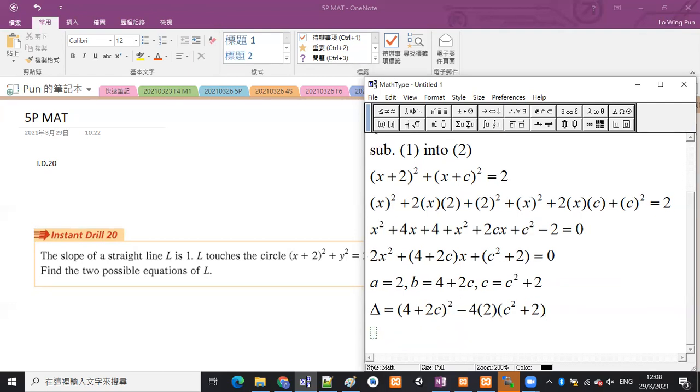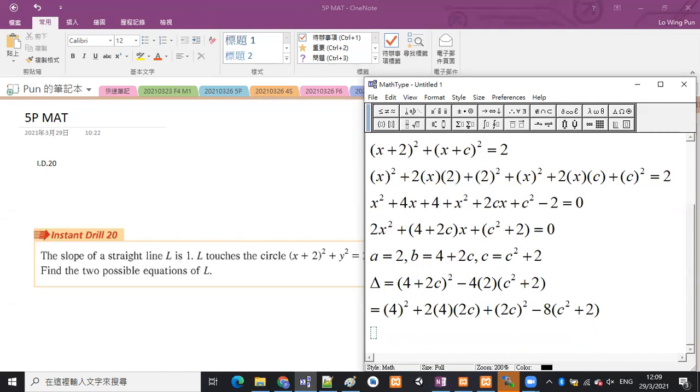So delta is equal to, oh, we still need the identity to expand this bracket again. This is again (a plus b) square, a square plus 2ab plus b square, and then minus 8 bracket c square plus 2. Can you still follow?